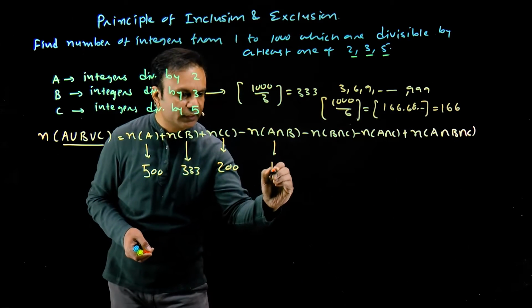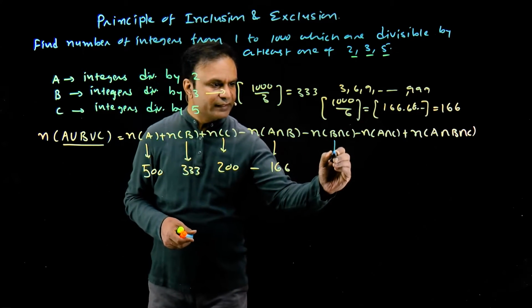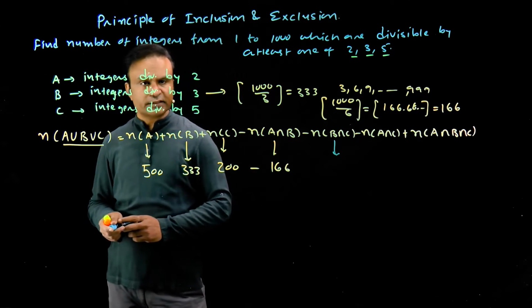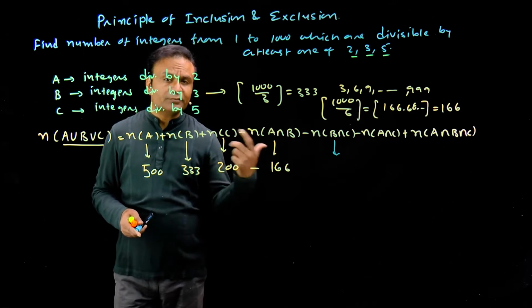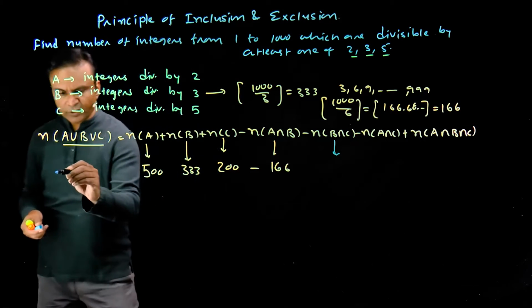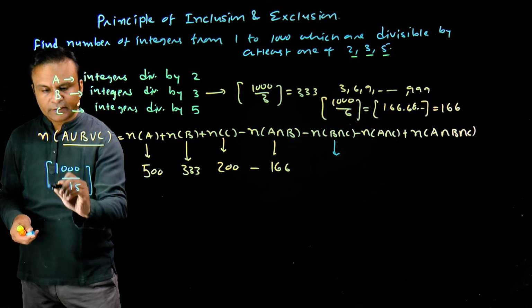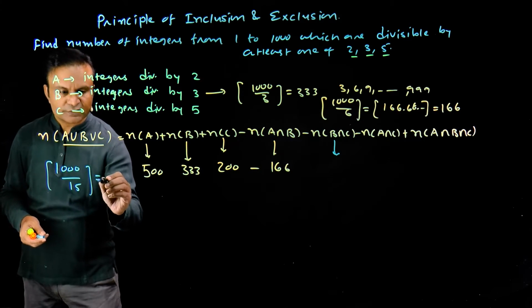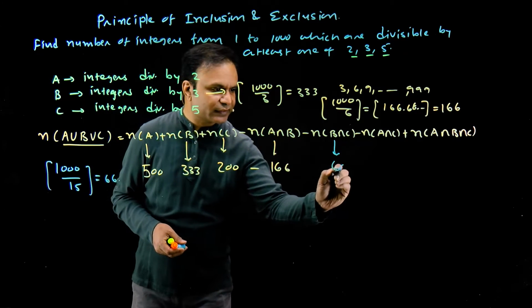So here there will be 166 integers. Okay, now number of integers divisible by 3 and 5. That means integers must be divisible by 15 because again 3 and 5 are prime numbers. So I divide 1000 by 15 and take integral part of this, and this is equal to 66. So here we have 66 integers.